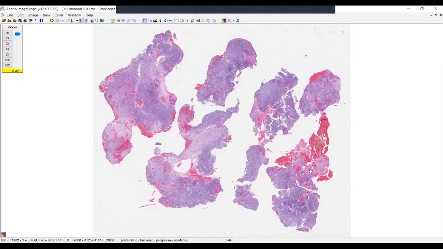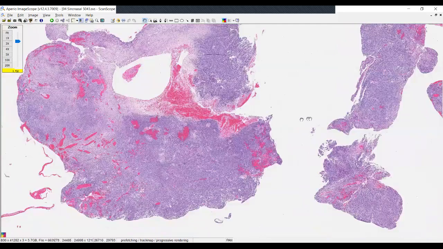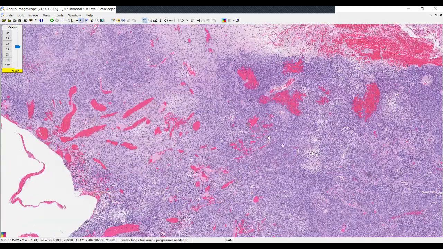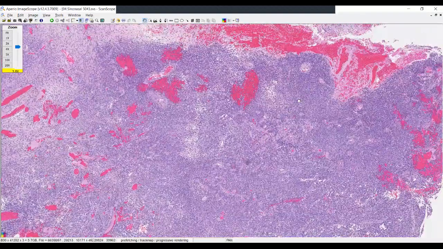So these are the fragments of tissue. Again, because it's a sinonasal tract case, there are going to be multiple fragments of tissue. And again, the usual approach that I have with these lesions is, as I look at them, initially I always say, is this neoplasia? Is it reactive? Is it inflammatory? And again, I think in this example, it's very clear that we're dealing with something that is neoplastic.